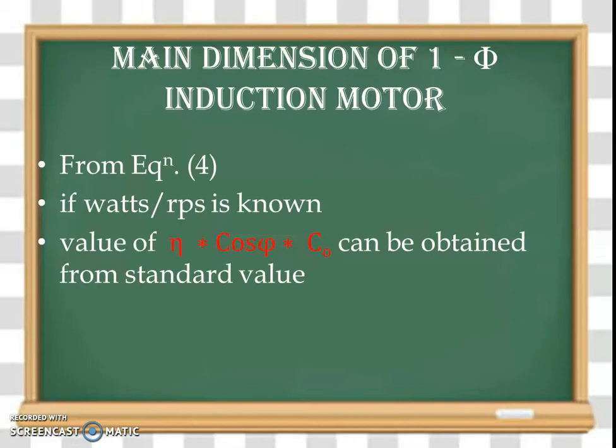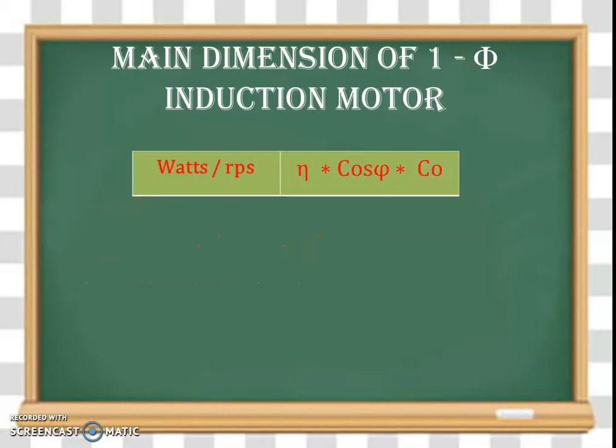So we need not calculate the values of efficiency and power factor. If watts per RPS is known, then from the table we can have the value of the product of eta, cos phi, and CO. We can directly take these values from the table.